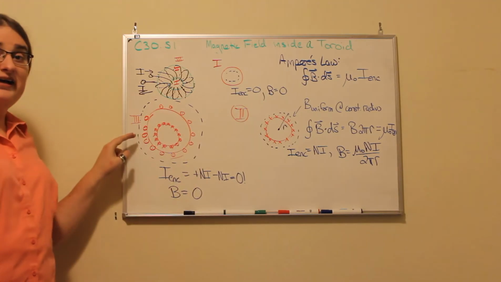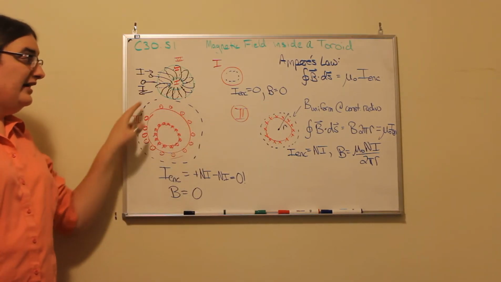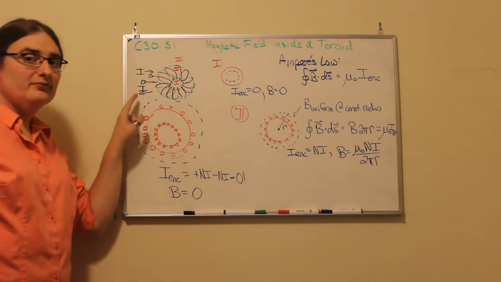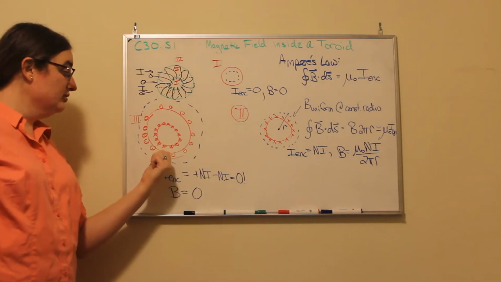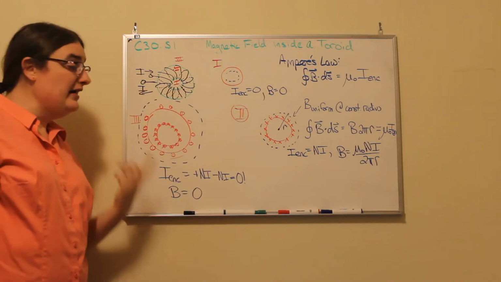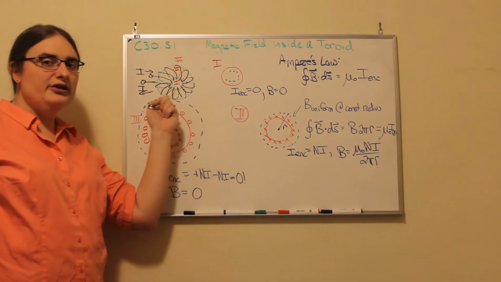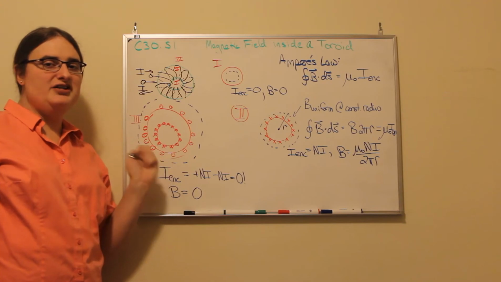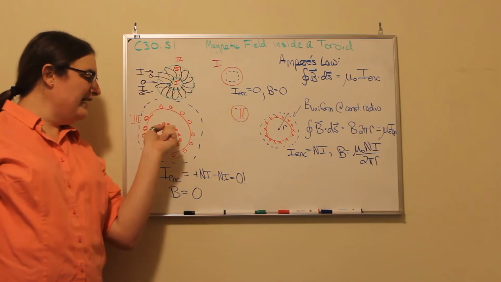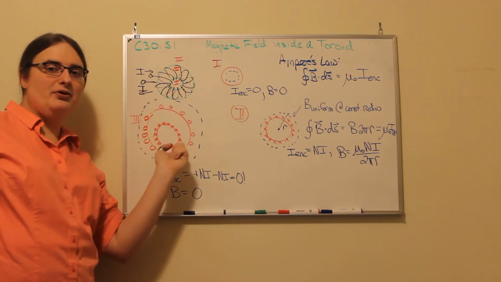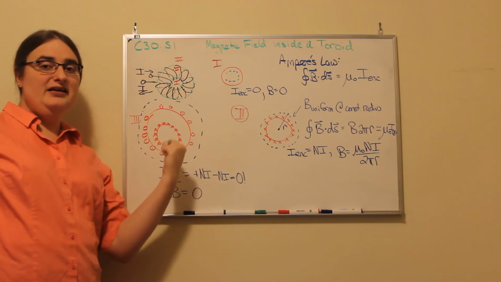Now, outside, if I were to, again, use circular symmetry and trace out a circle around the outside of that donut, then what I would find is for every loop of wire on the outer edge coming out of the board, I would have the exact same number of wires going into the board.